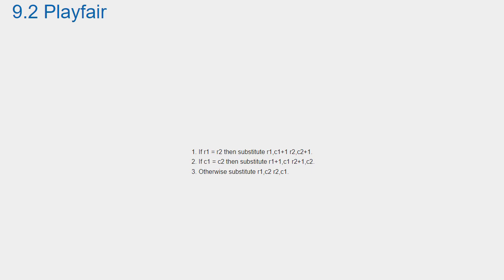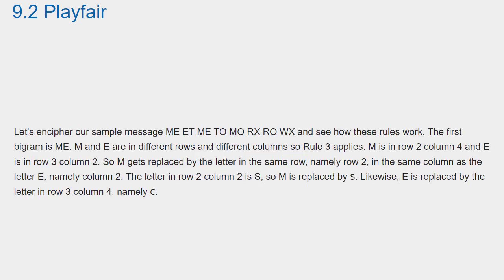If C1 equals C2, then substitute R1 plus 1, C1, R2 plus 1, C2. 3. Otherwise, substitute R1, C2, R2, C1. Let's encipher our sample message, MEETMETOMORXROWX, and see how these rules work.